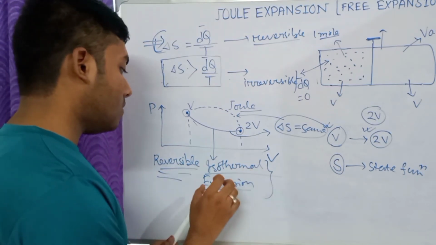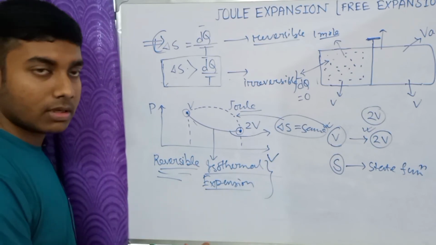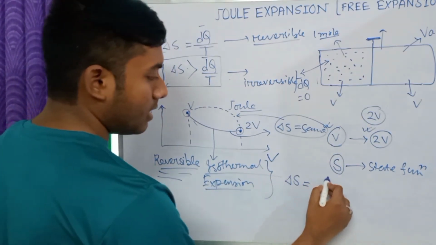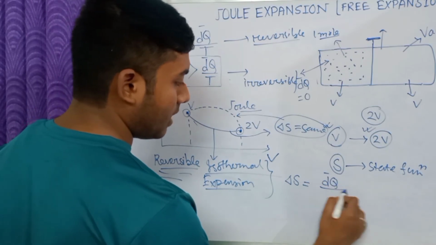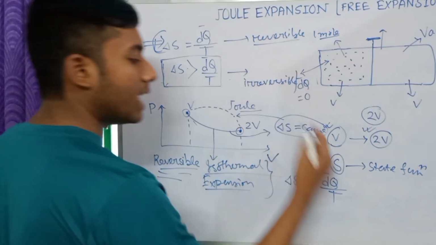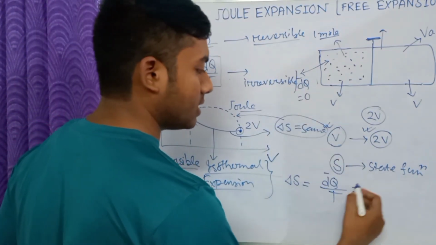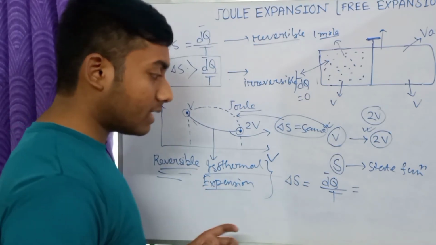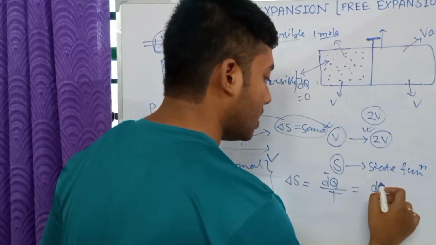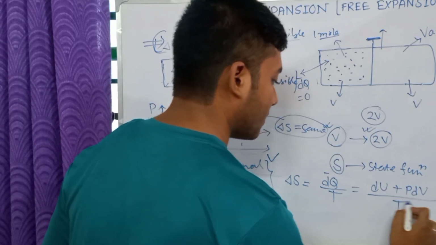Now what will be our del S in this isothermal expansion? Del S equals d bar q by T, the expression for a reversible process, and we know that d bar q, from the first law of thermodynamics, is dU plus p dV, the work done.